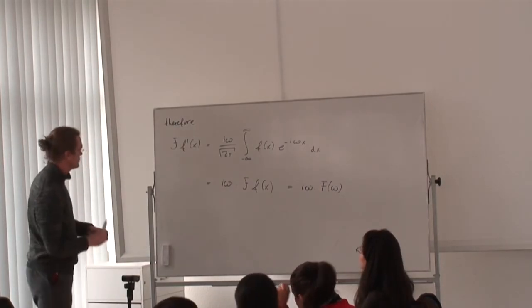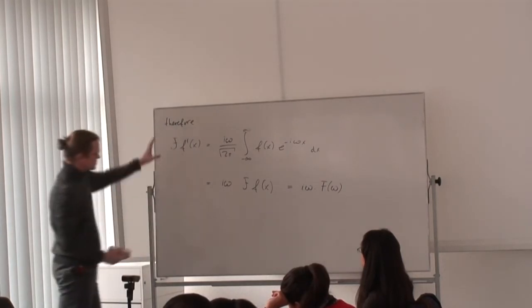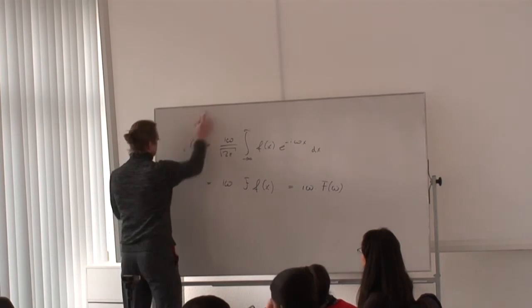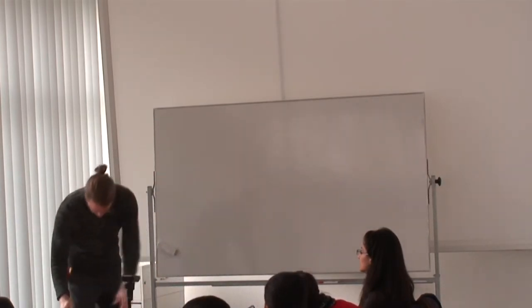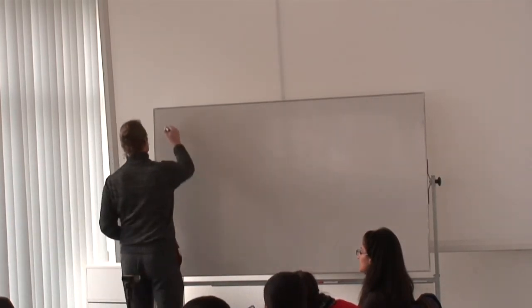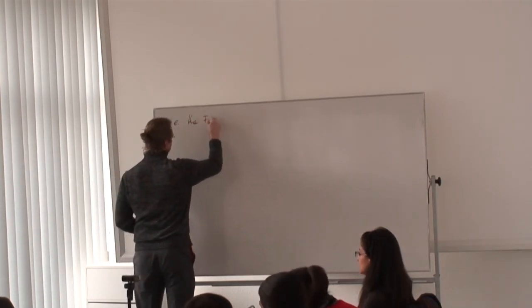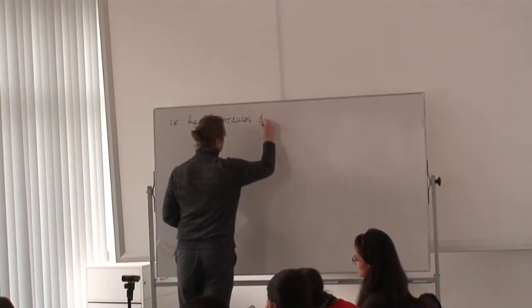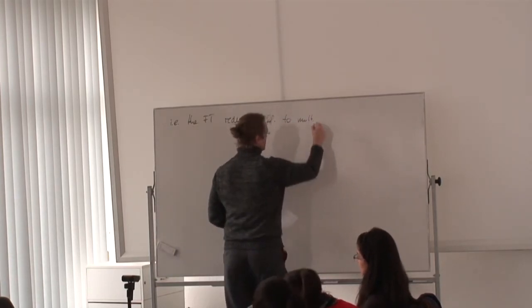Let me draw you the corresponding diagram. So we just established what I will summarize in form of a diagram. It is to say that the Fourier transform reduces differentiation to multiplication.